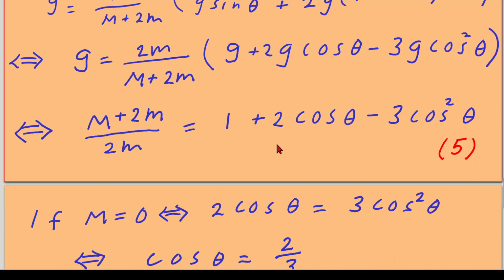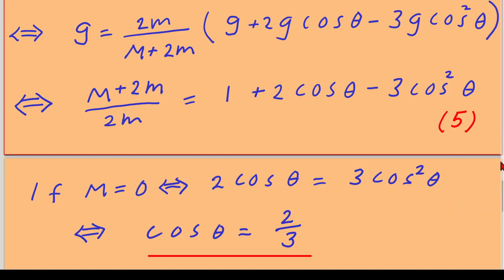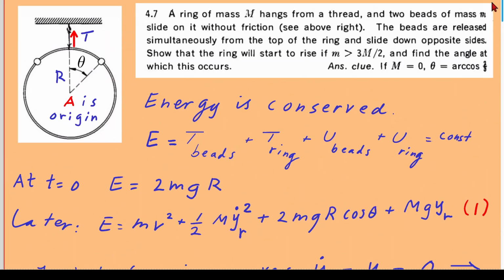And the problem text says, if the ring mass, capital M, equals 0, what do we get? Then this is 1, so 1 minus 1 minus 1, that disappears. You get 2 cos theta equal to 3 cos squared theta, so cos theta equals 2/3. And this is theta equal to arccos 2/3.